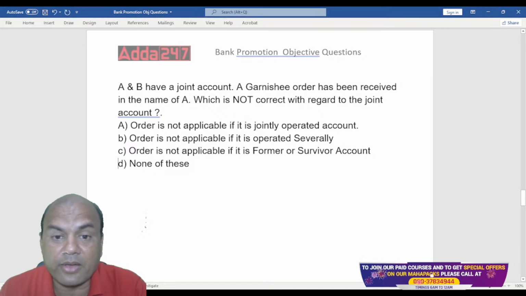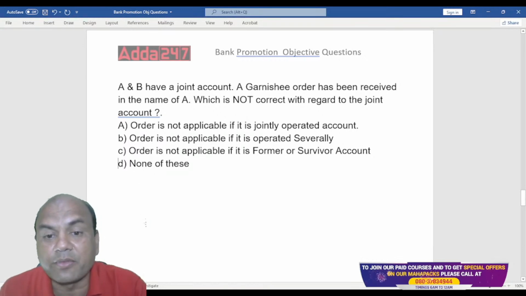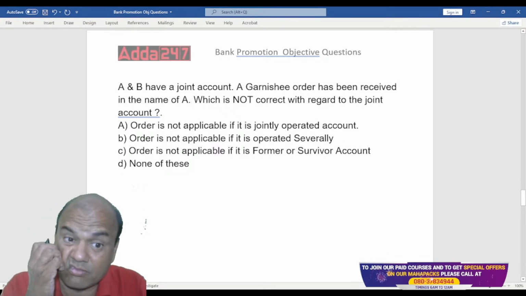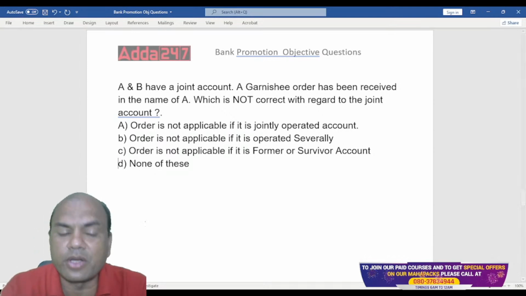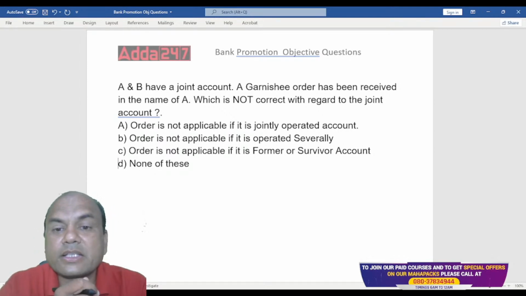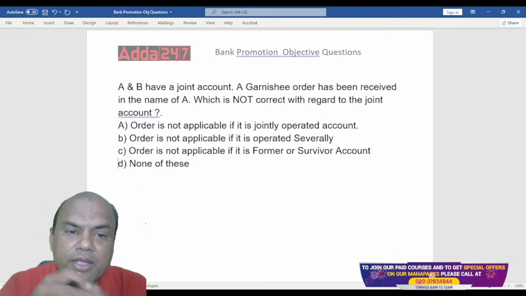Order is not applicable if it is operated severally. Severally means individually. Order is not applicable if it is former or survivor account. None of these. Now what is this? A and B have a joint account, right? And a Garnishee order has been received in the name of A.